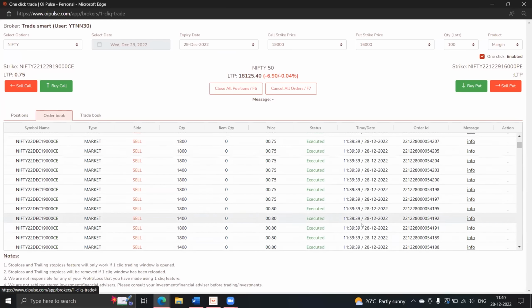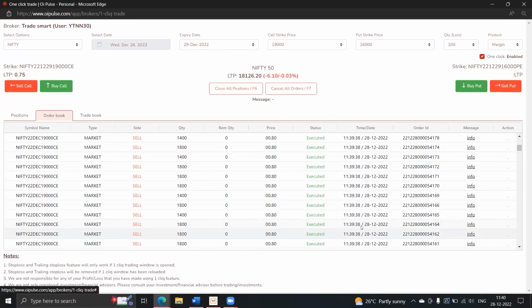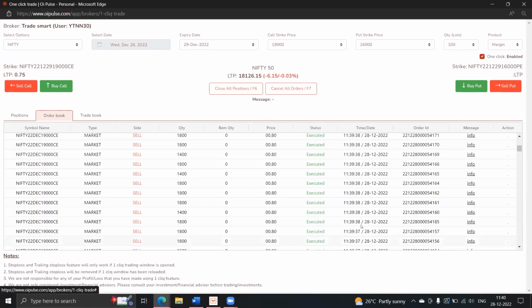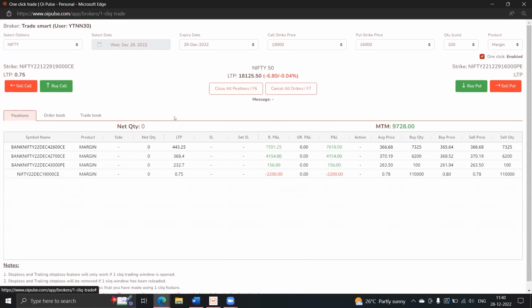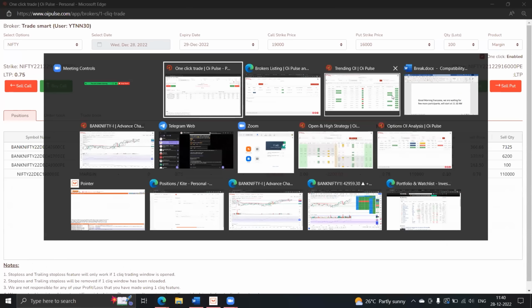We were in by around 11:39:30. Within under 30 seconds, we are in and out of that particular trade. How much quantity did we play? We played close to 1 lakh.